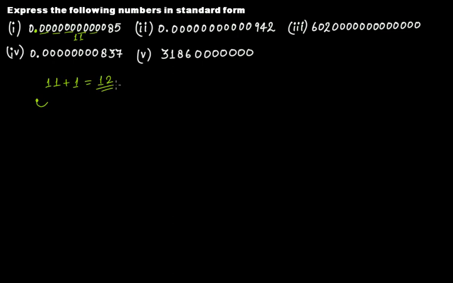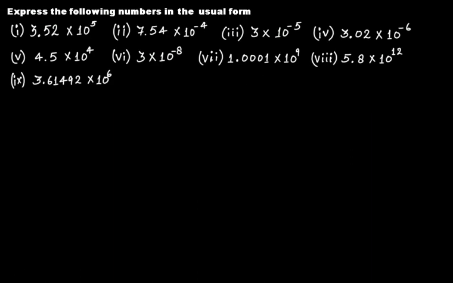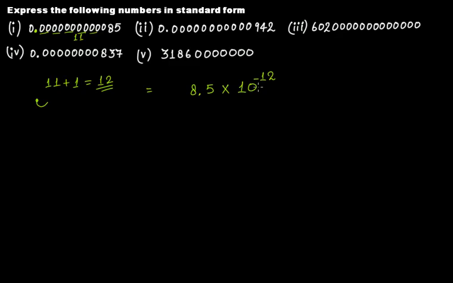When you do this, it's actually 8.5 multiplied by 10 raised to the power of minus 12, right? Because if you write it in the usual form, and what we have practiced here, you can check the answer.